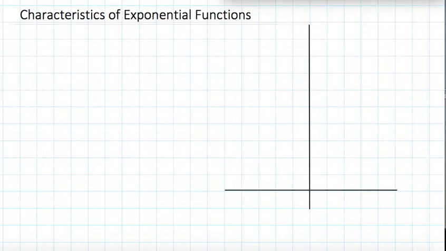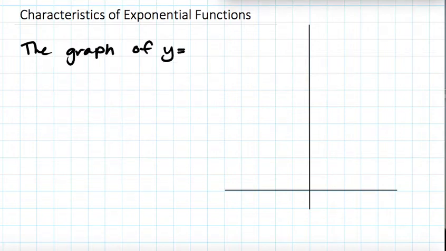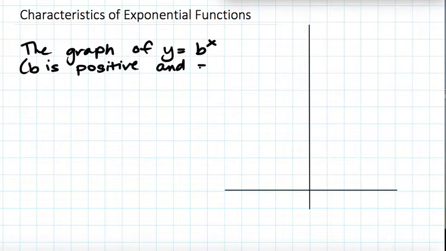This is characteristics of exponential functions, so looking at in general, if we have the graph of y equals b to the x, where b is positive and not equal to 1. Otherwise, the graph doesn't really work.